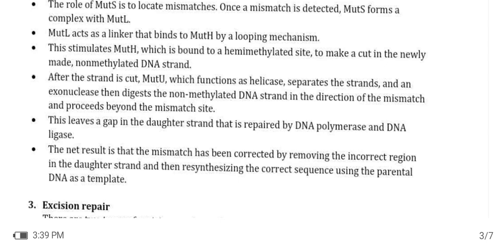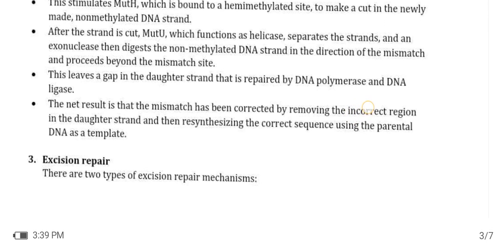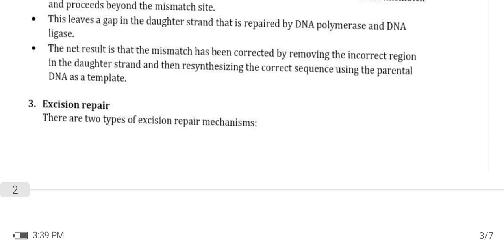After the strand is cut, MutU, which functions as a helicase, separates the strands, and an exonuclease then digests the non-methylated DNA strand in the direction of the mismatch and proceeds beyond the mismatch site. This leaves a gap in the daughter strand that is repaired by DNA polymerase and DNA ligase. The net result is the mismatch has been corrected by removing the incorrect region in the daughter strand and then resynthesizing the correct sequence using the parental DNA as a template.